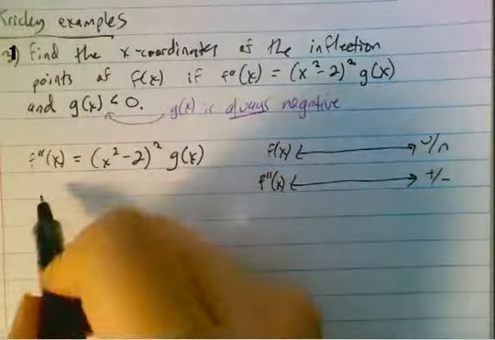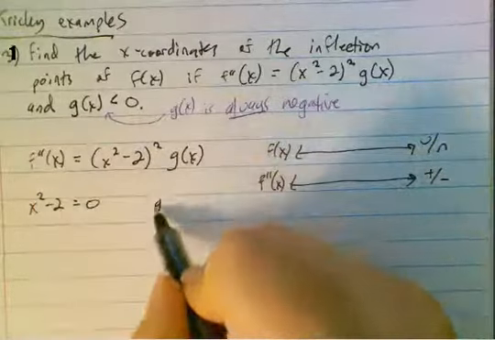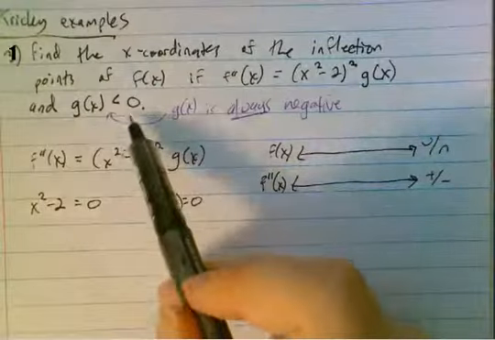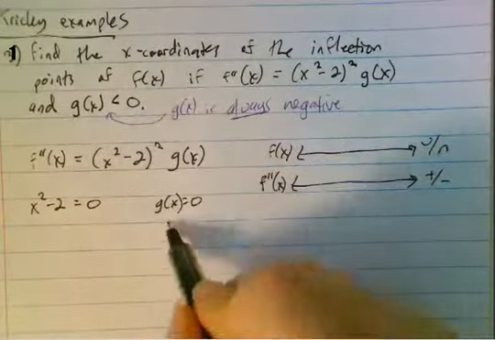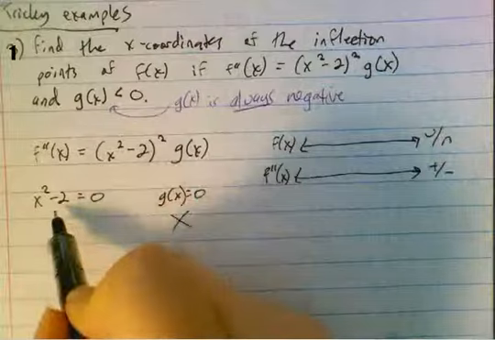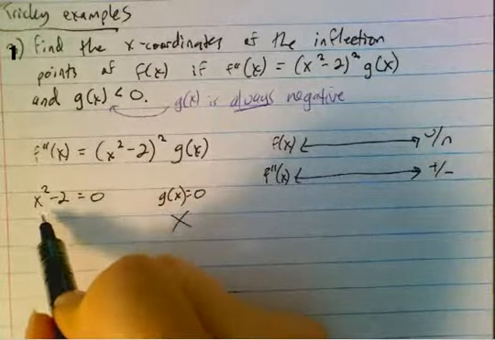We can figure out where this equals 0, x squared minus 2 equals 0 versus g of x equals 0. We're told that g of x is always less than 0, so this one's never going to give us a 0. And for this one, there's not really an easy way to factor this, so we're just going to have to solve it a slightly different way.